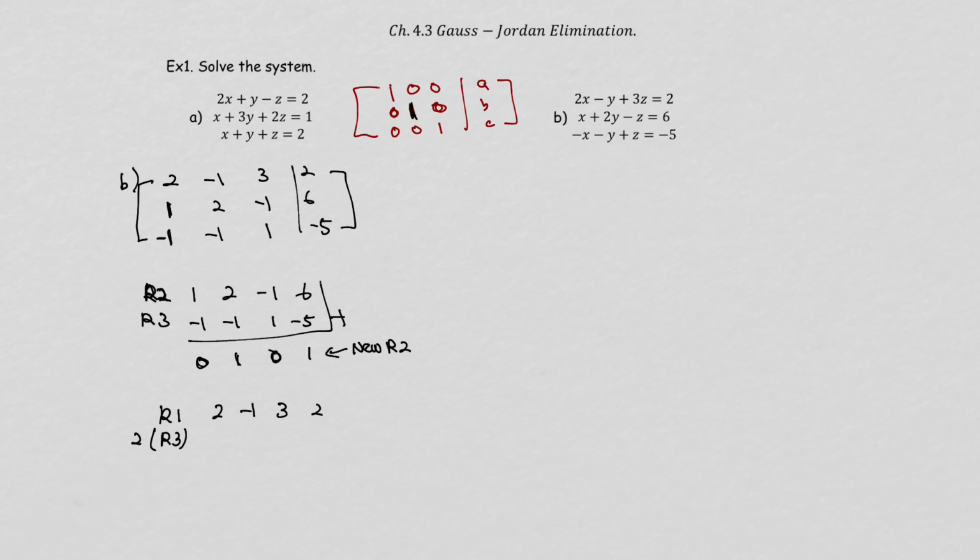And row 3 times 2 is -2, -2, 2, and -10. When we're adding, we will get 0, -3, 5, and -8.